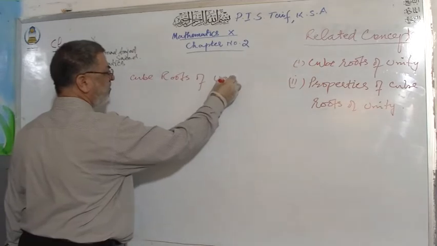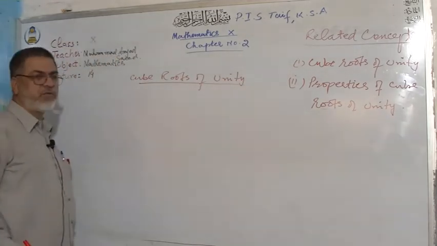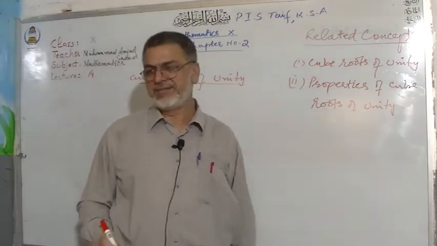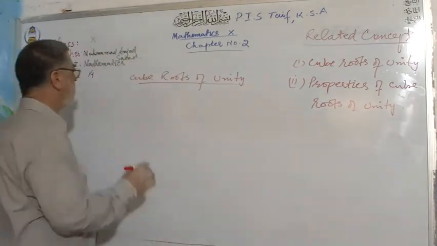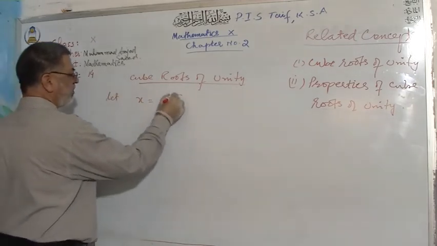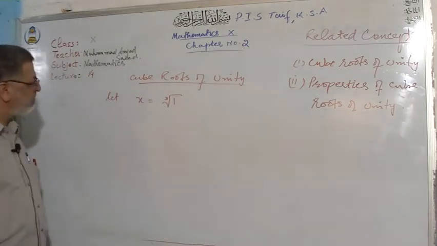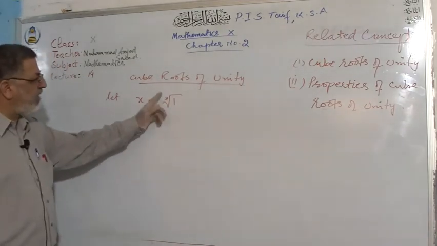Cube roots of unity. Cube roots mean 3 roots of 1. Unity means 1. Let x be equal to the cube root of unity, the cube root of 1.